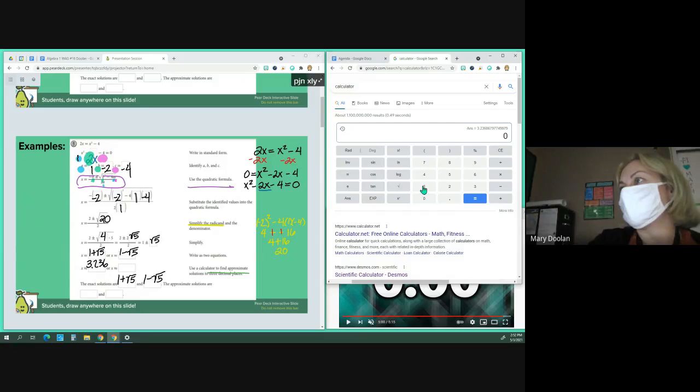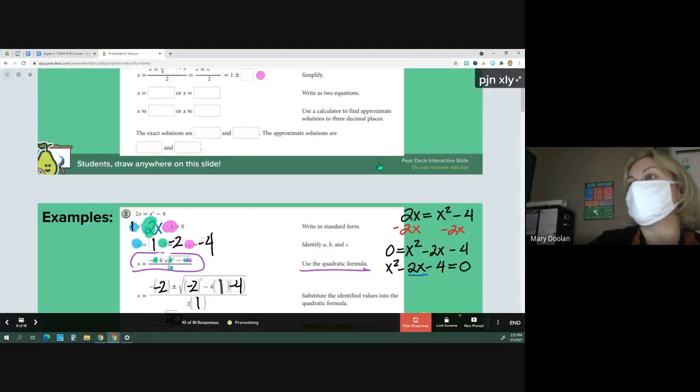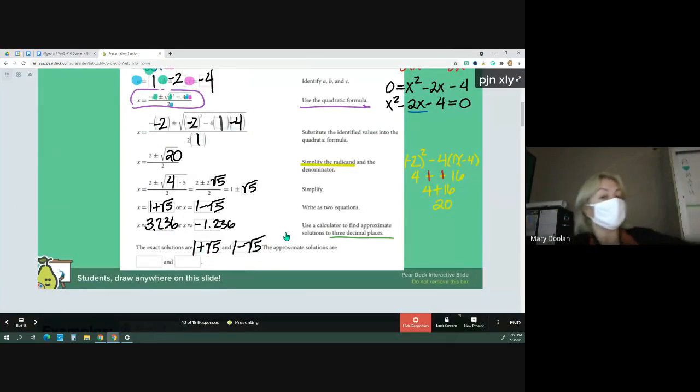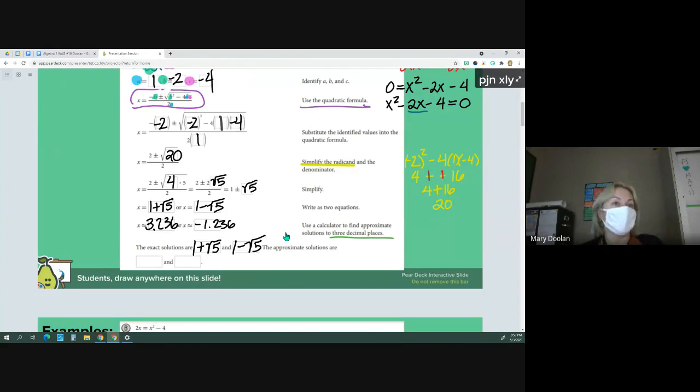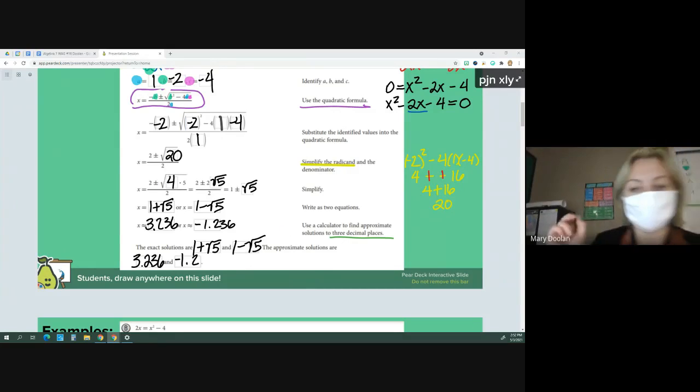And the other possible answer is 1 minus the square root of 5, negative 1 and 2, 3, 6. Okay, so use the calculator to help you. That's totally fine. And those are my 2 approximate values. Notice when you round, you switch from an equal sign to an approximately equal to sign. So these are the 2 possible answers. And that's it.